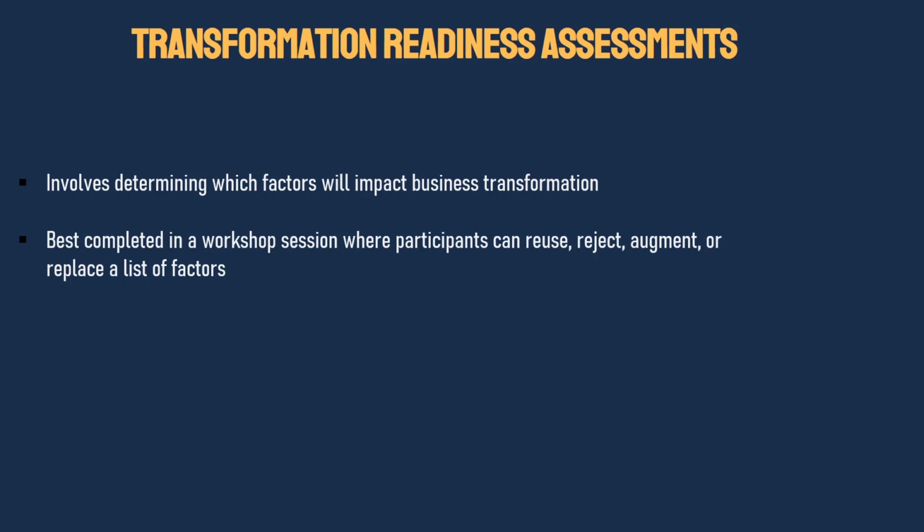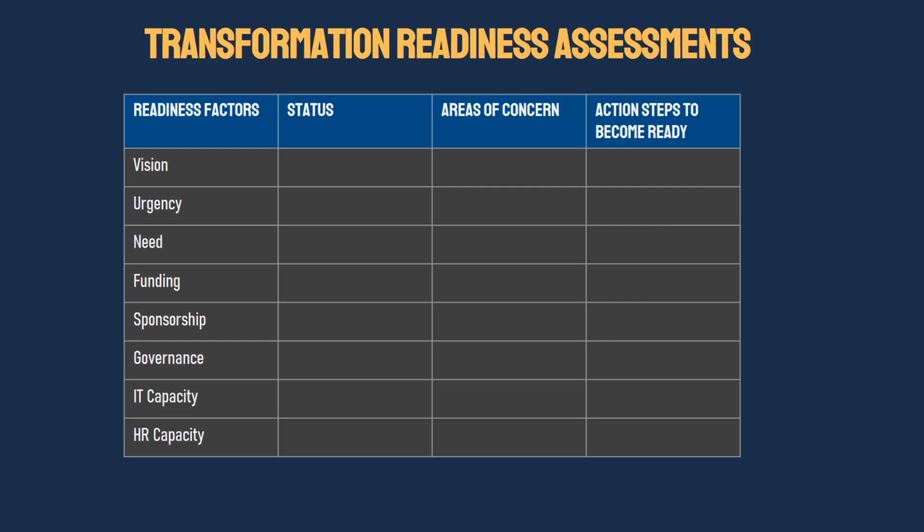There are different readiness factors listed on screen. An example of some might be vision, urgency, business need, the correct amount of funding, do we have the right sponsorship, the governance model, do we have IT capacity, or do we have HR capacity to be able to handle the work?